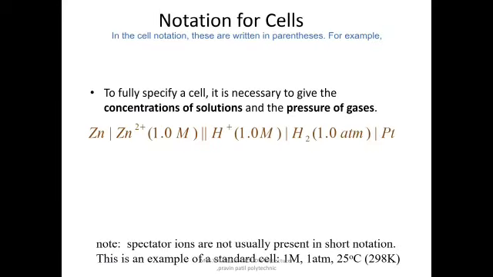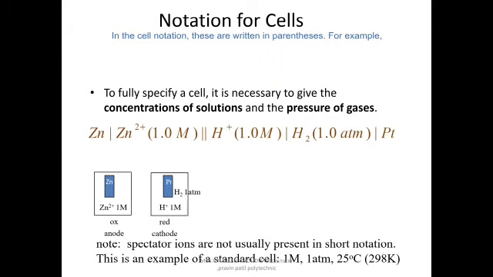Whatever the pressure or concentration, it is written in a bracket. Zinc is dipped in Zn2 plus, and a platinum rod is used for the H plus ions. Solutions are connected externally by using a salt bridge and a metallic wire.